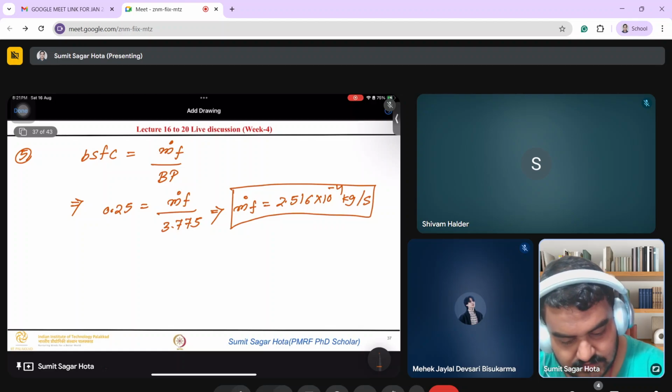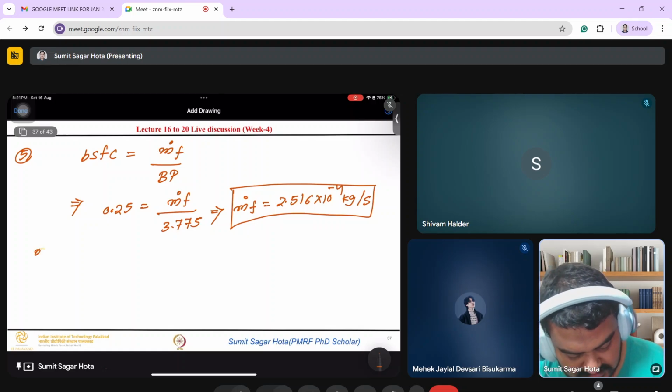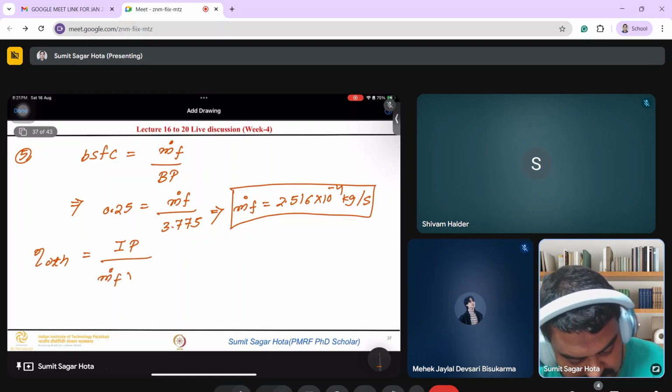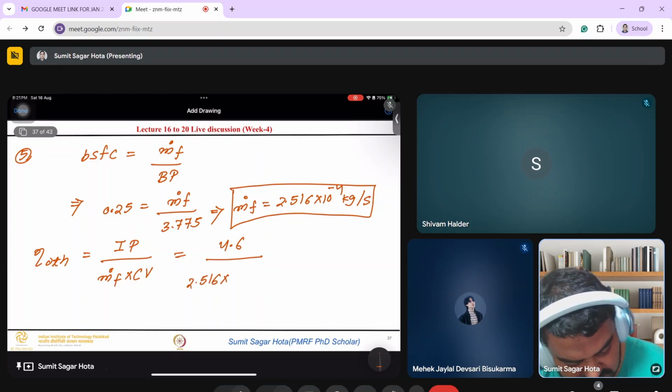So now we also know the formula of thermal efficiency is indicated power divided by m dot f into CV. We have everything, just substitute and find, which is here 4.6 divided by m dot f, which is 2.516 into 10 to the power minus 4, into calorific value 42,000.